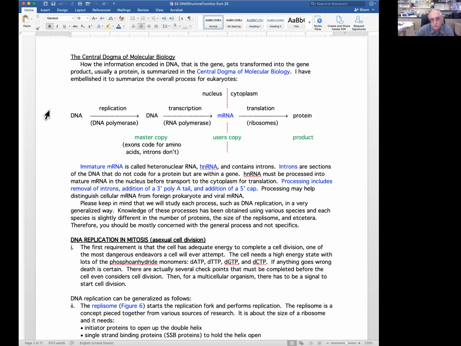So I've embellished this a lot to give you a better perspective. The DNA is your master copy. You do everything in the world to protect your master copy. In the old days, buying a computer program, you would get a CD.